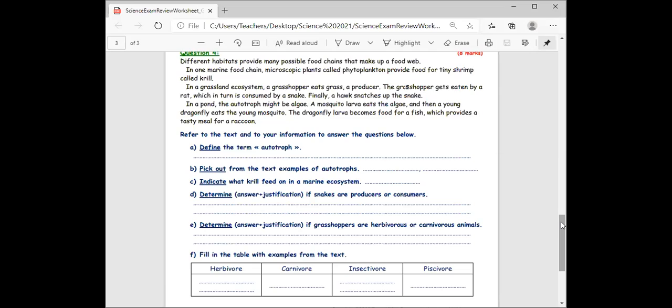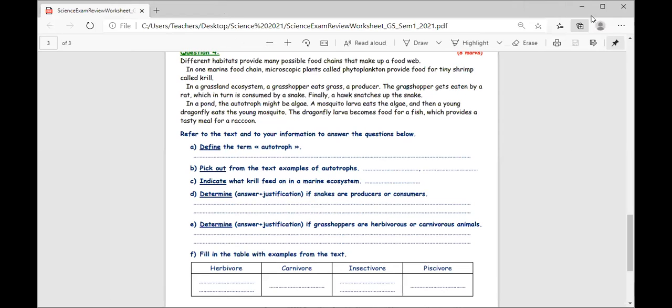Different habitats provide many possible food chains that make up a food web. In one marine food chain, autotrophs are producers that make their own food. Let me write the food chain.